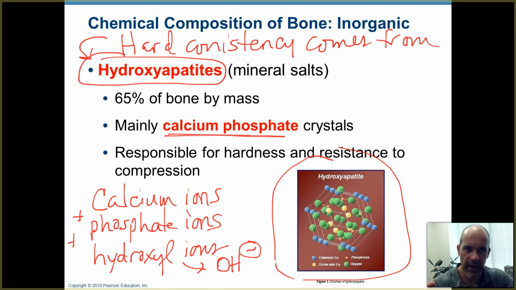So it's a very organized crystal type substance, and those things, they form ionic bonds with each other. These are ions. Calcium ions have a double positive charge. Phosphate ions are negatively charged, and the hydroxyl ions are negatively charged, so they all get together through those positive and negative charge attractions to form hydroxyapatite.